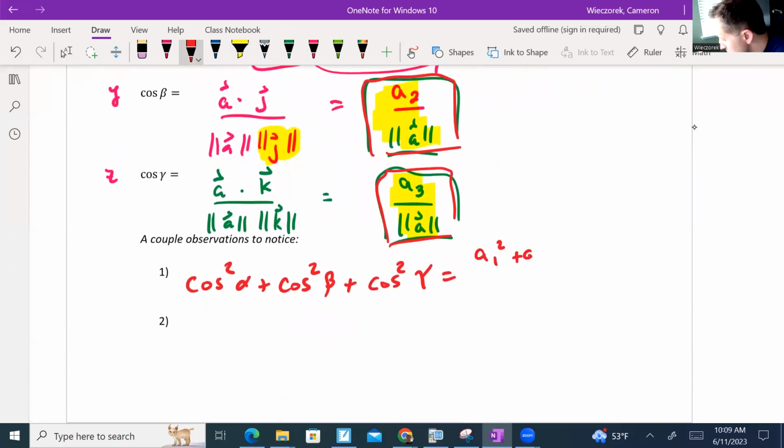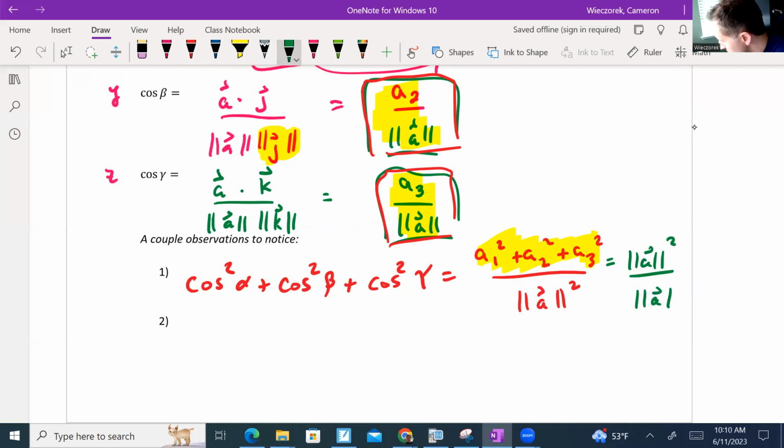You're going to get A1 squared plus A2 squared plus A3 squared over magnitude A squared. But notice the numerator is magnitude A squared. So this quotient just reduces to 1. So I get that cosine squared alpha plus cosine squared beta plus cosine squared gamma is always going to equal 1.